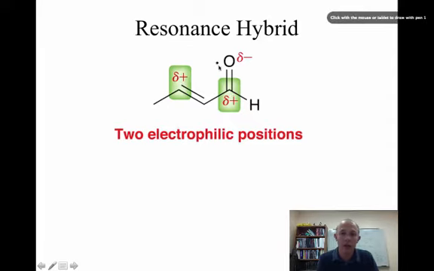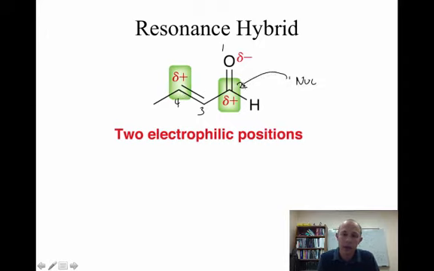And one way you can rationalize or talk about this is if we look at this entire pi system, right, from the oxygen all the way through to the beta carbon, we call this atom 1 and atom 2 and atom 3 and atom 4. If I'm a nucleophile and I add here, that's going to be called a 1,2 addition because we're going to get an O minus, which is eventually going to get protonated by the solvent.